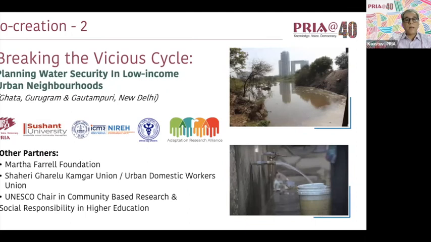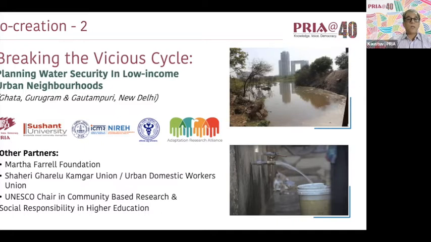The second example, I'll go rather quickly. It was called Breaking the Vicious Cycle, and here the focus was planning water security in low-income urban neighborhoods, which we undertook in one location called Ghata in Gurugram and Gautampuri, which is a resettlement colony in New Delhi.